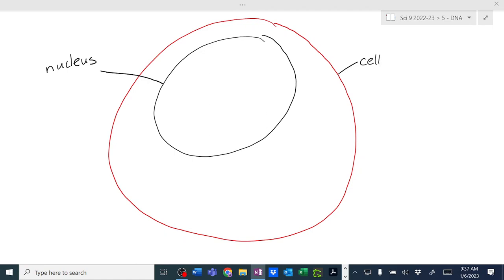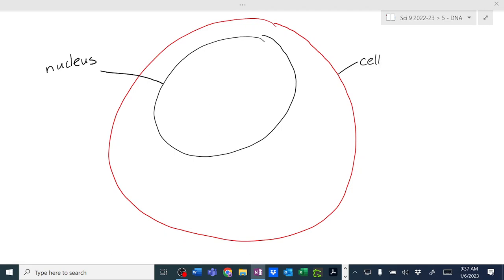Is there anything recognizable inside the nucleus? There is DNA, but if we were to look at a cell under the microscope, we would not be able to see the DNA. Do you remember the DNA we got out of the strawberries? When you looked at it, could you see a double helix?